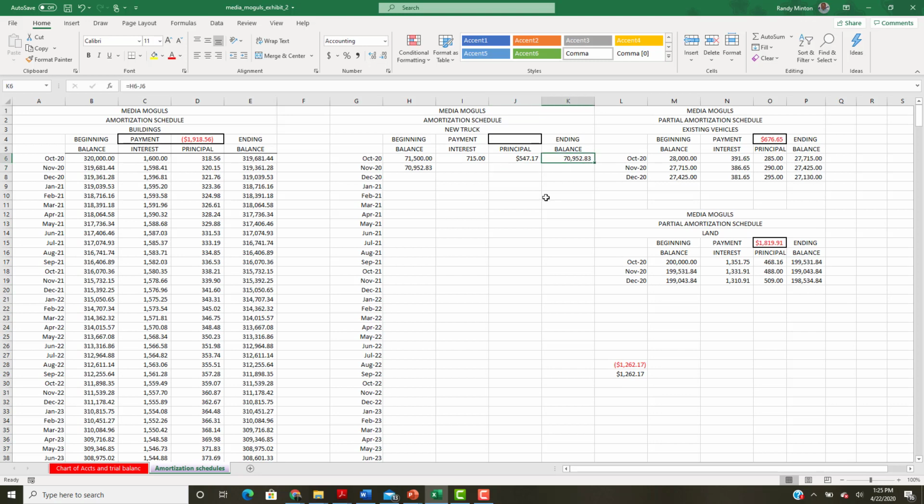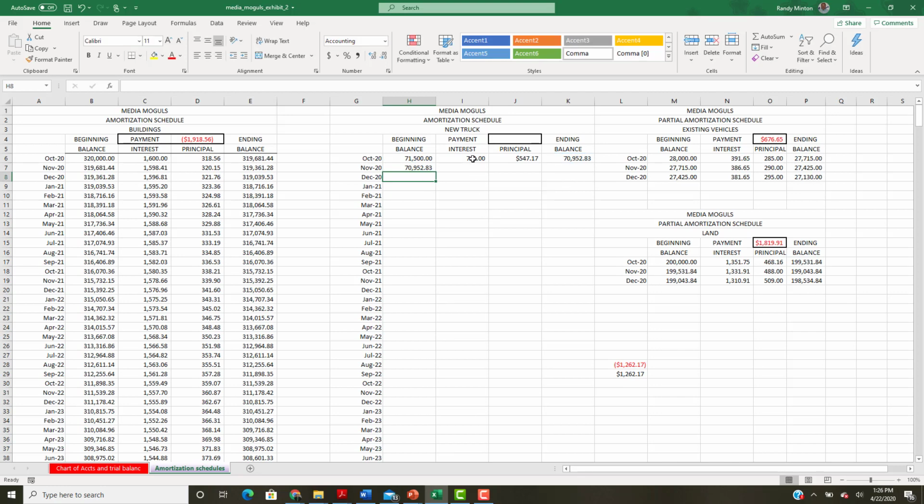And to get to this number, it's going to be equal to this number here, your beginning balance minus your principal. Because the interest doesn't come off of your balance, just the principal does. And then this number over here is going to be equal to this number, because the ending balance becomes the beginning balance for the next month.